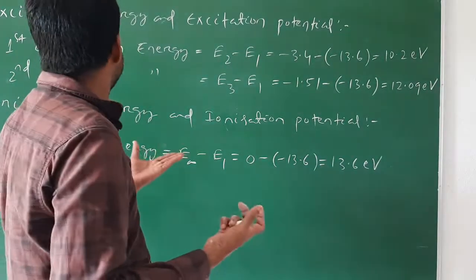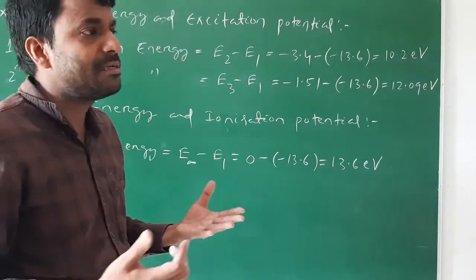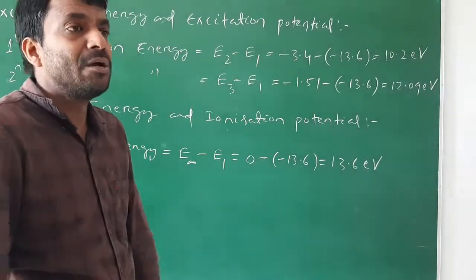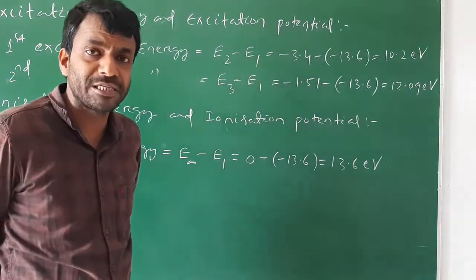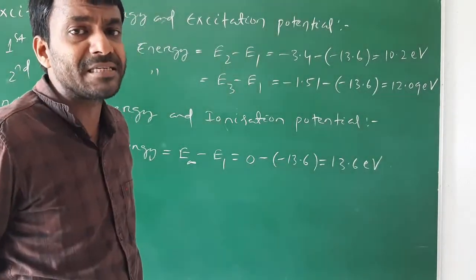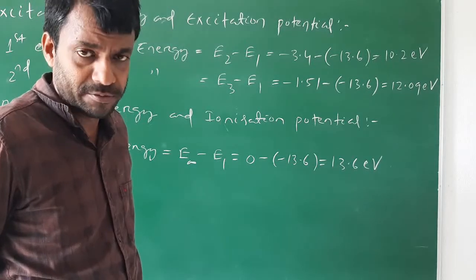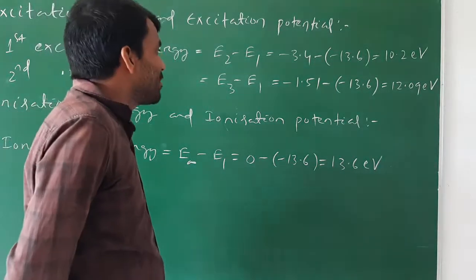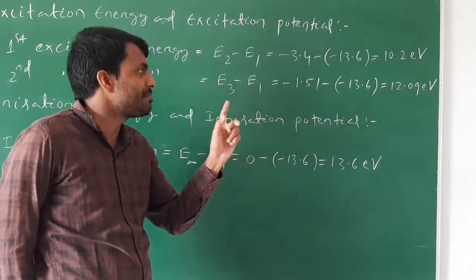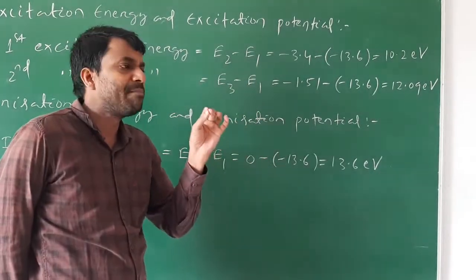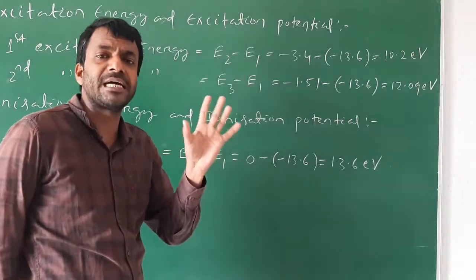Similarly, if the question is find the third excitation energy, then its definition is the amount of energy absorbed by the electron when it jumps from the ground state to the third excited state, means n is equal to 4. Means what is the energy? E4 minus E1. The E4 value is minus 0.85, minus E1 value is minus 13.6.